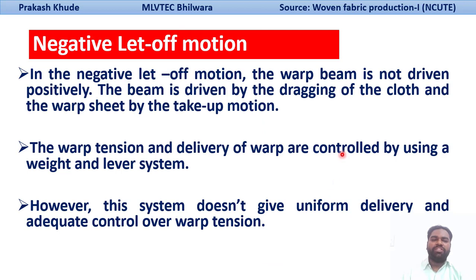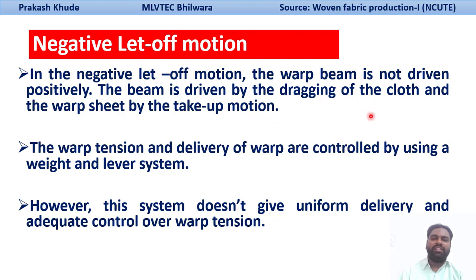So in negative let-off motion, I already said the warp beam is not driven positively. The warp beam in this case is driven by the dragging of the cloth and the warp sheet by the take-up motion. So ultimately the warp sheet is released from your weaver's beam due to the dragging of the cloth by the take-up motion.